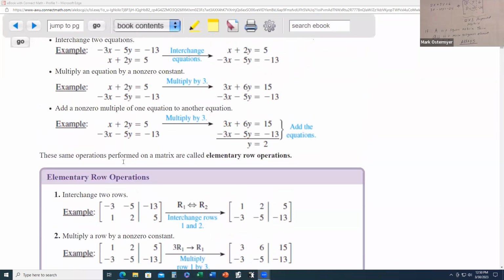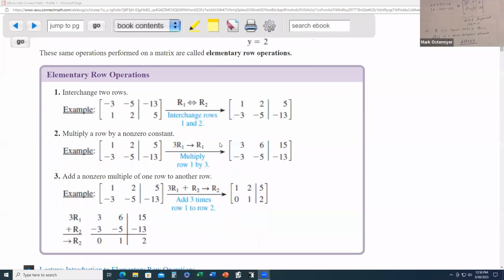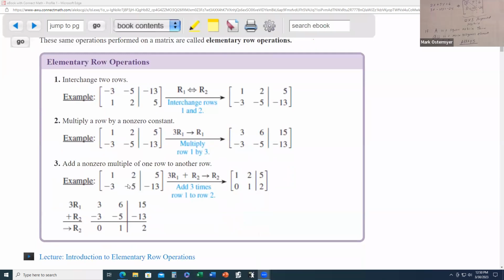The third valid operation on a system of equations had us adding a multiple of one equation to another equation, which is legal to do. Well, that translates into our third elementary valid row operation, which says I can always multiply a row of my matrix by a non-zero constant and then add it to some other row to produce a new row.